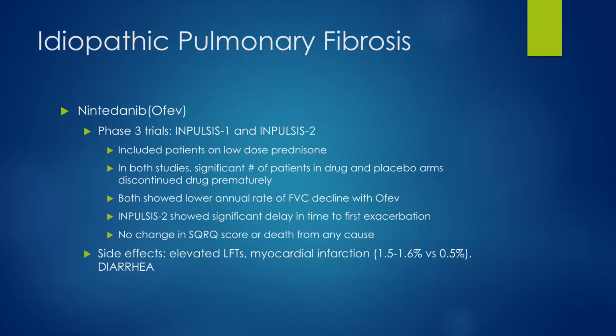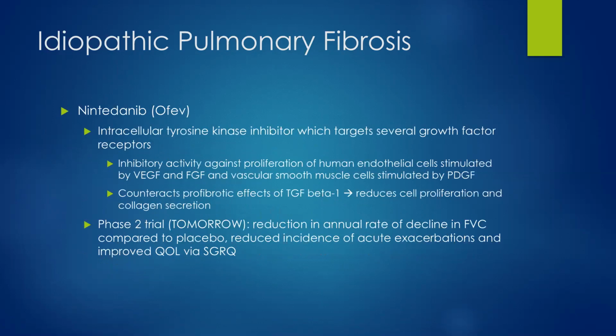And this is changing now, but it used to be that with OFEV, because it's a tyrosine kinase inhibitor with activity on VEGF, transplant centers were nervous about transplanting somebody who was still on OFEV. They were concerned it would impair wound healing in the post-op period.